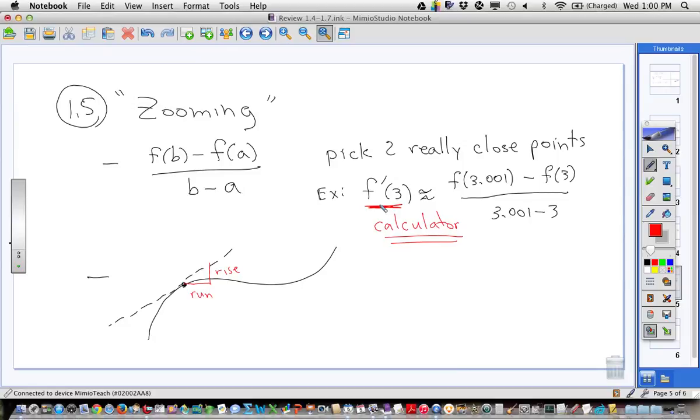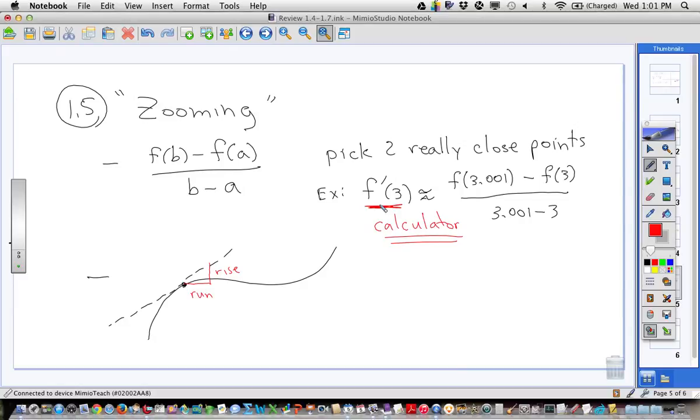I may give you an F graph and say estimate F prime of null. Or I might give you an F prime graph and say estimate F double prime of null. Well, that would be the slope. So you just sketch in your tangent line, do your little slope triangle, estimate rise over run. That's also kind of an element of zooming. So be prepared to show you can do those kind of things.